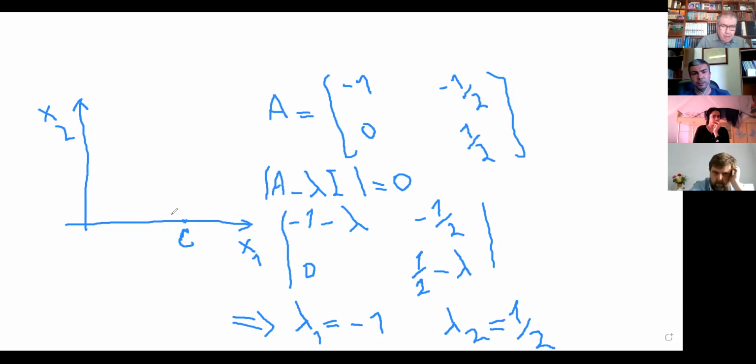Which means the trajectory will go like this. I'm not so sure.